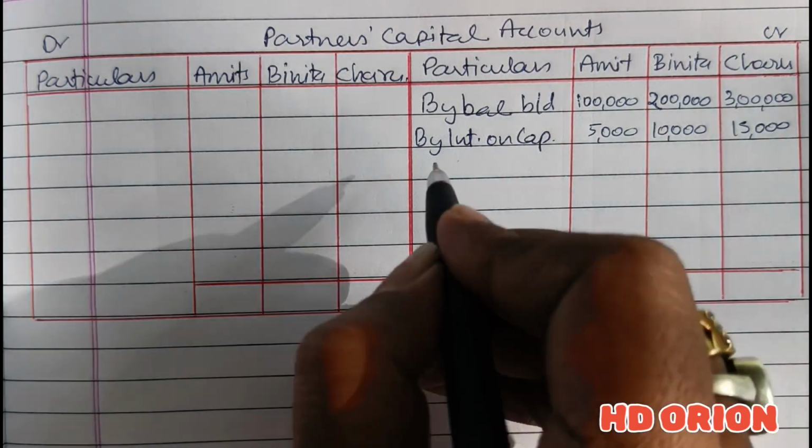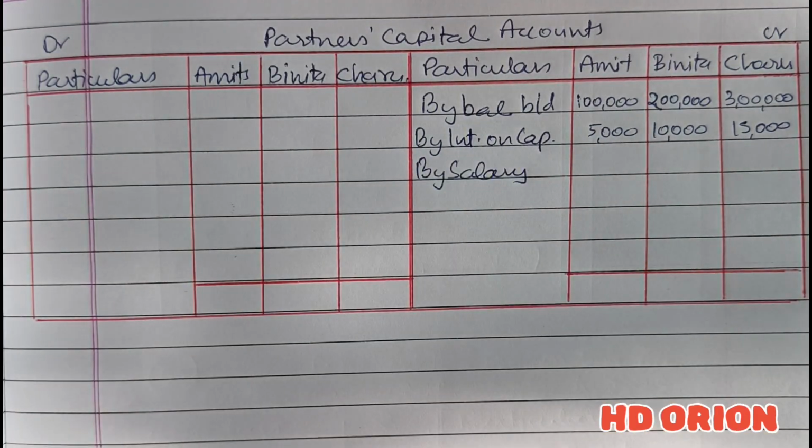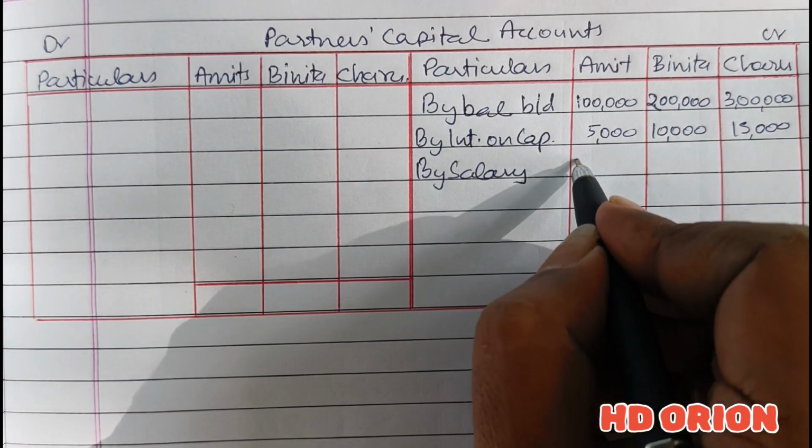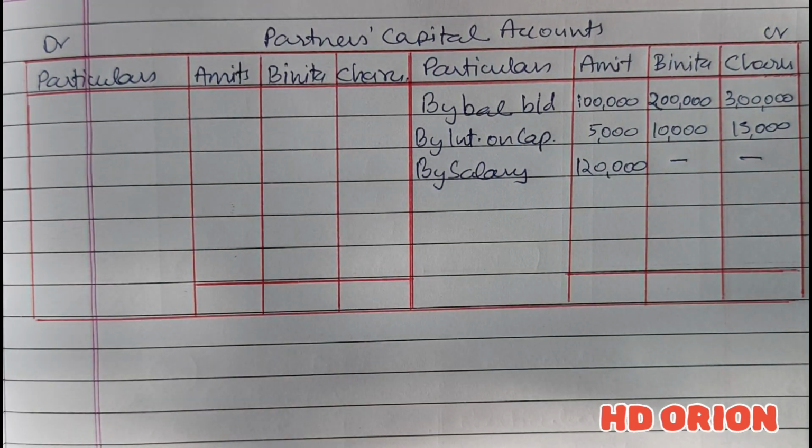Then there was a salary also. So by salary, 10,000 rupees per month was paid to Amit. So it is 1,20,000, and there is no salary for Binita and Charu.